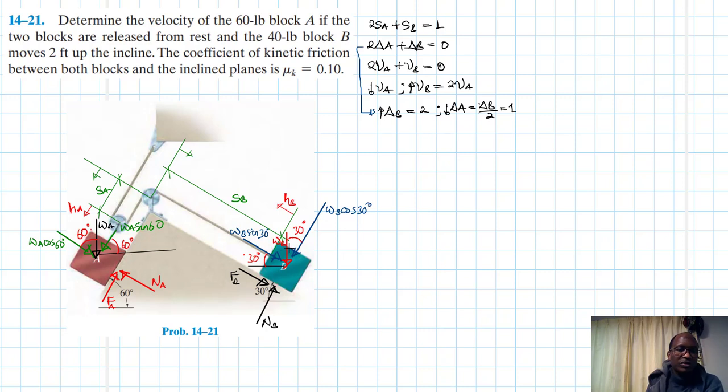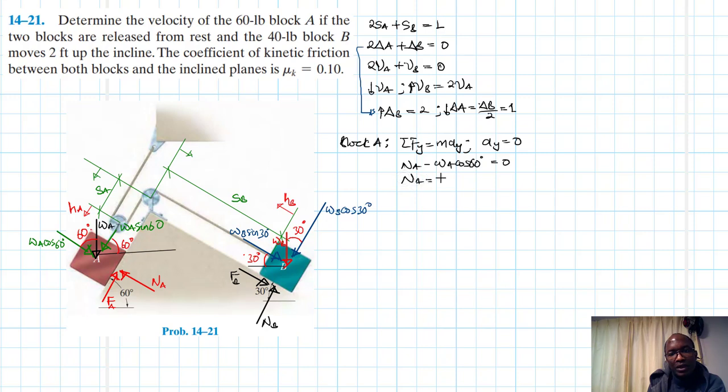Let's find the values of these friction forces. We need them before we apply the work and energy principle. So let's start with block A. Summation of forces in the Y equal to m aY, but we know that our aY is just equal to 0. So this gives us NA minus WA cos 60 equal to 0.